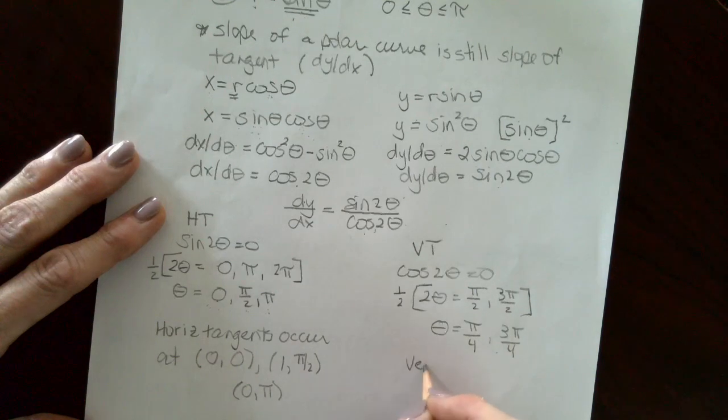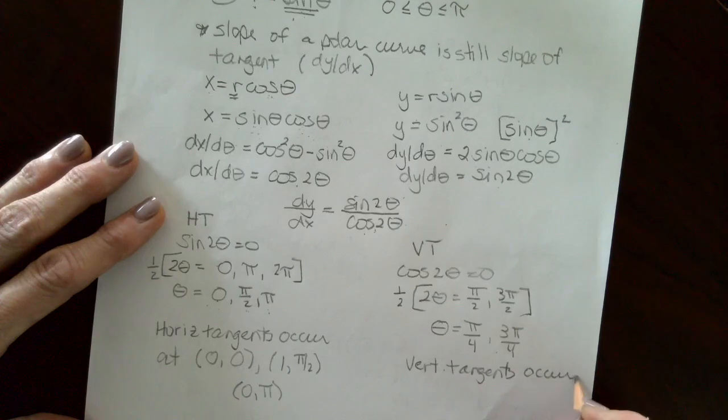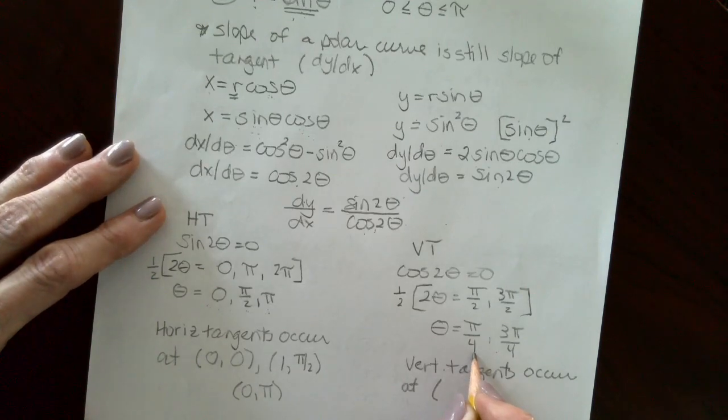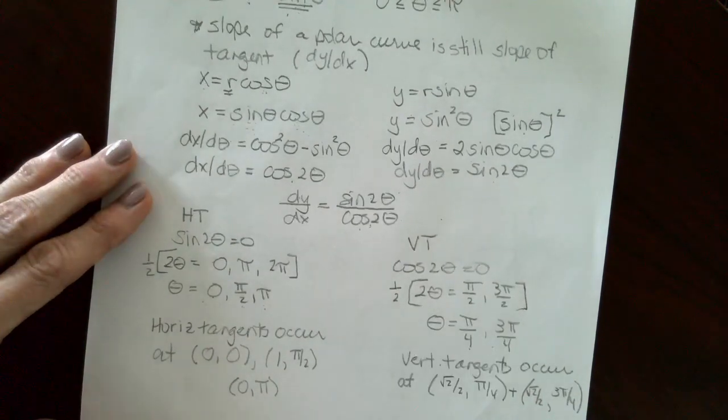And then vertical tangents occur at pi over 4. What's the sine of pi over 4? There you go. Root 2 over 2, comma, pi over 4. And 3 pi over 4. That's it. Beautiful. What do you think?